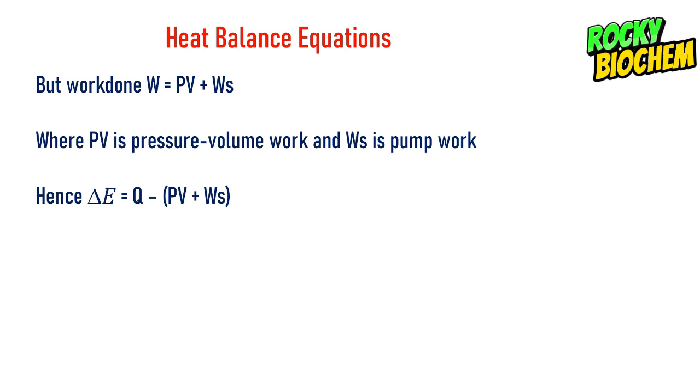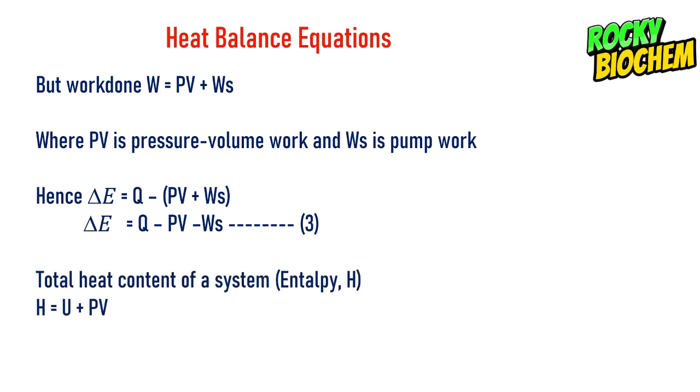So when we fix this into the equation 1, we are going to get Q minus, in brackets, PV plus WS, where PV plus WS is equal to W. So when the negative sign enters the brackets, we are going to get Q minus PV minus WS. So this becomes our equation 3.